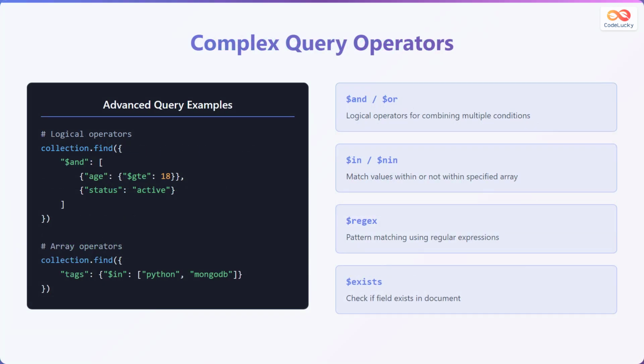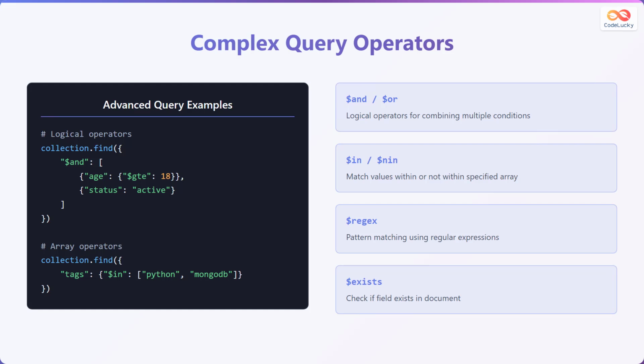Now let's delve into more complex query operators that provide greater flexibility and precision when querying your data. Logical operators such as $and and $or allow you to combine multiple conditions. For example, you can find all active users who are also at least 18 years old, using $and with age greater than or equal to 18 and status equal to active.